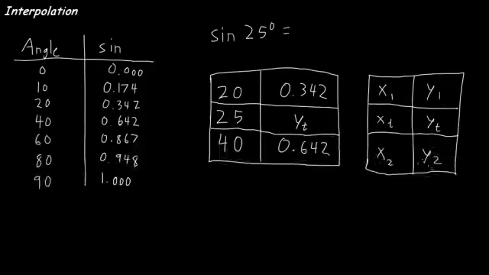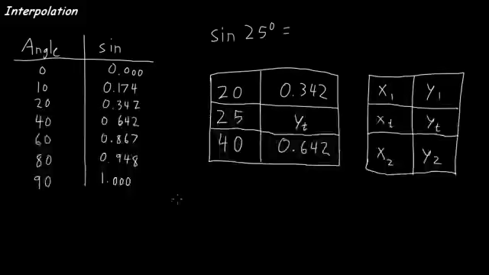For every x, there's a corresponding y. In this case, for every angle, there's a corresponding sine of that angle. The two known points are 1 and 2, and t is the unknown. For these interpolation problems, we know 5 of these values, but we don't know the 6th value. That's what we're trying to find.